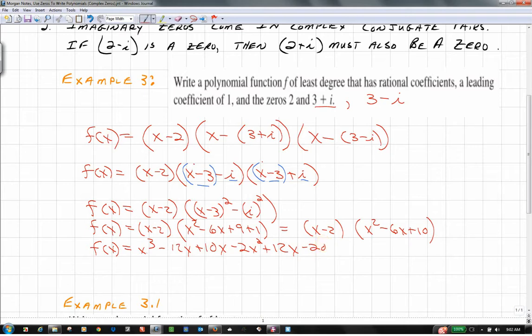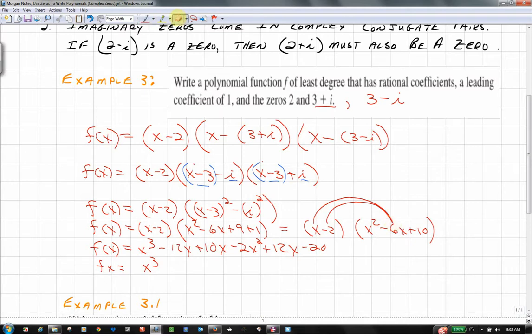So let's combine like terms. I have an x cubed. Let's see, x times that minus 6 should have been a negative 6x squared. Let me try it again.